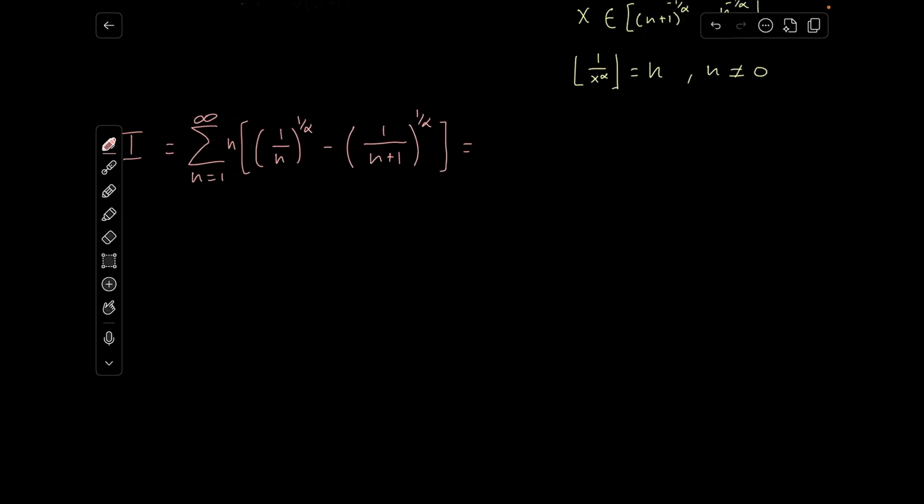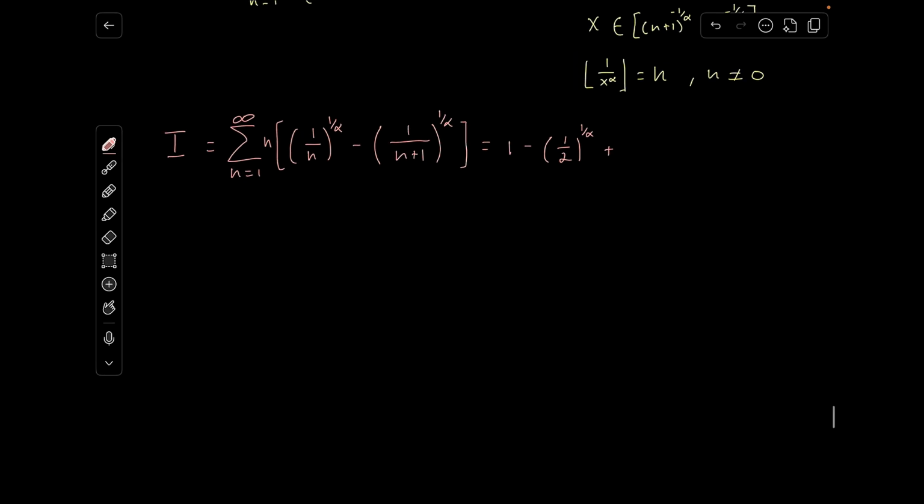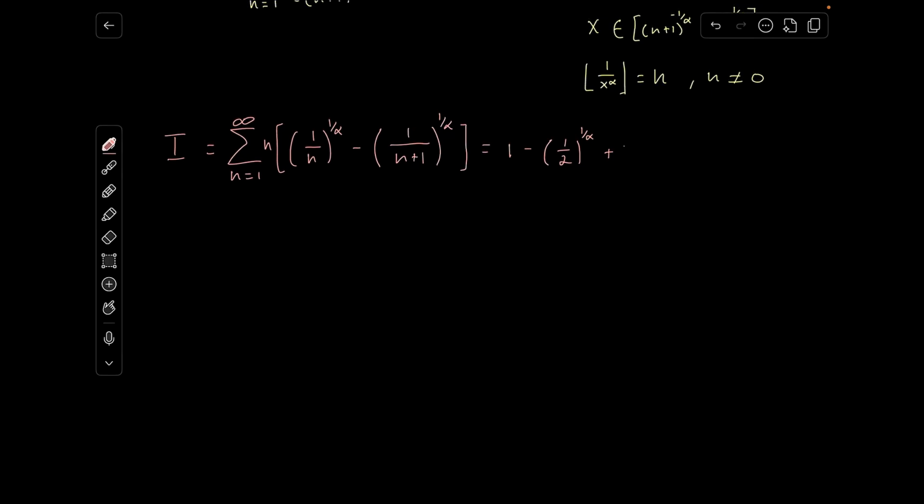So we'll get 1 minus a half to the 1 over alpha, plus, plug in 2, we'll get 2 times a half to the 1 over alpha, minus 2 times a third to the 1 over alpha, plus, and we plug in 3, we'll get 3 times a third to the 1 over alpha, minus 3 times a fourth. I can't really fit it in there, but you kind of get what's going on.